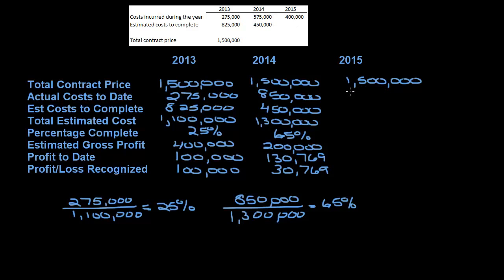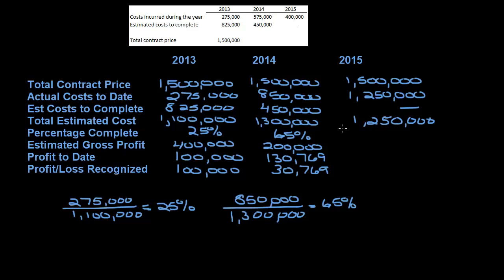So my total costs are 1,250,000. Okay, you notice that's a little bit of a drop from what we had thought before. There are no estimated costs to complete. So my total cost is 1,250,000. Okay, notice that's lower, right, than we thought.